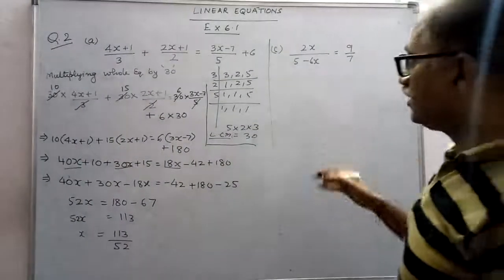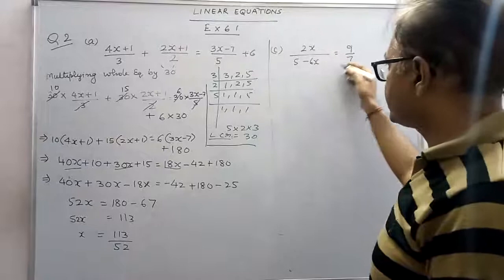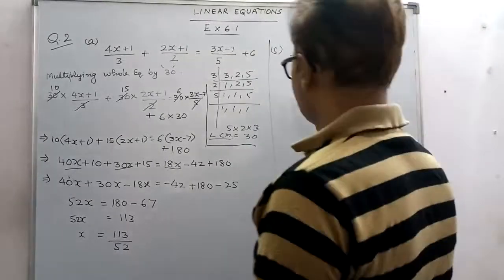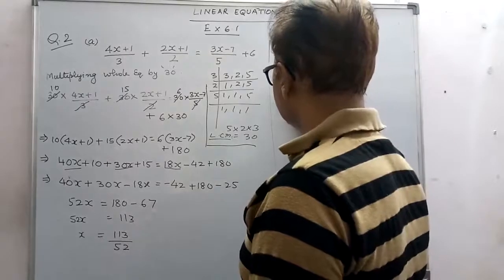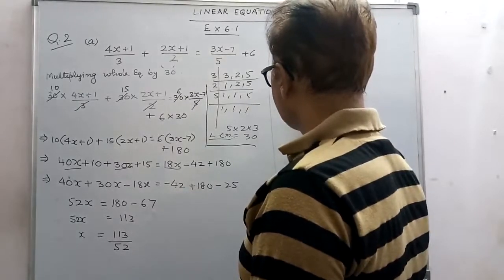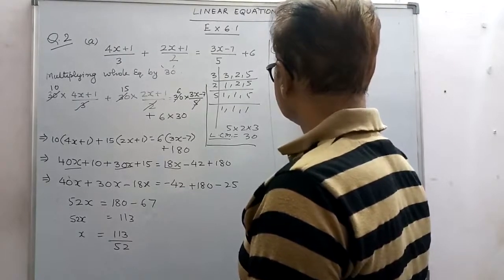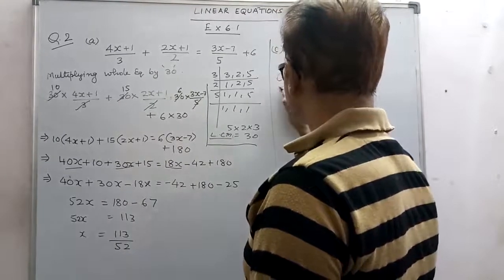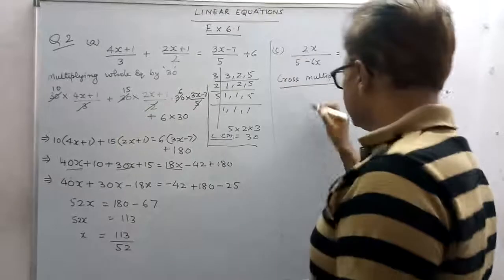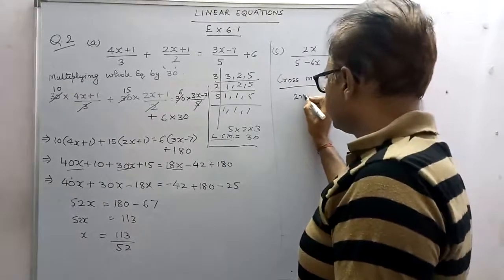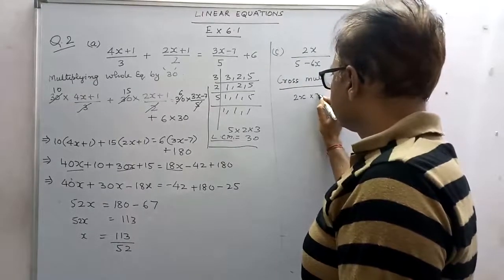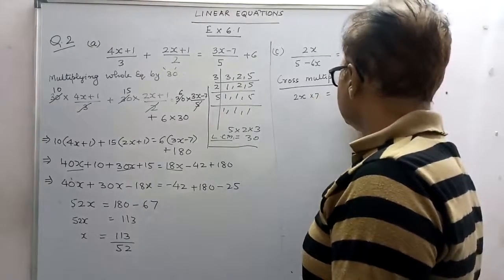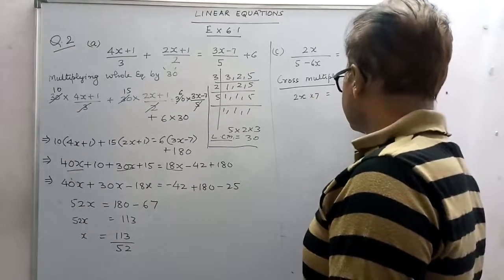Now see C part: 2x upon 5 minus 6x is equal to 9 by 7. The first step is to cross multiply. When you cross multiply, you will get 2x into 7 is equal to 9 into (5 minus 6x).